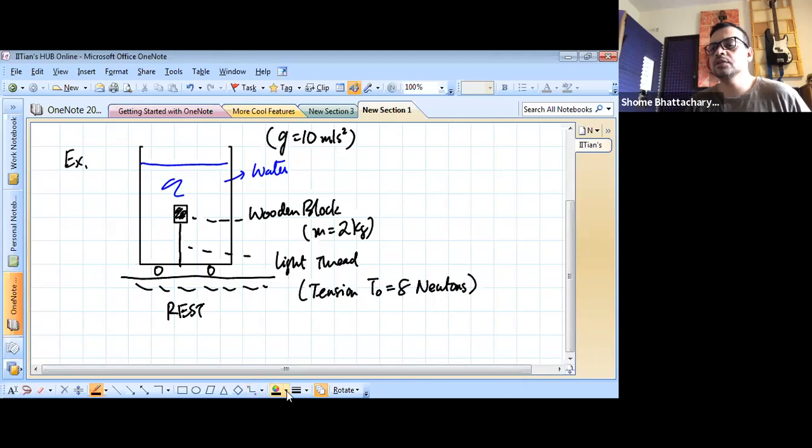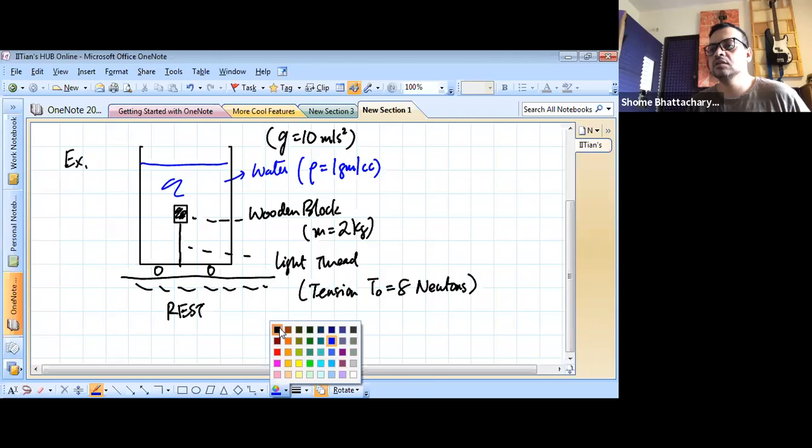And density of water as usual as 1 gram per cc. Now next what happens is that the whole tank in this situation is given a horizontal acceleration.